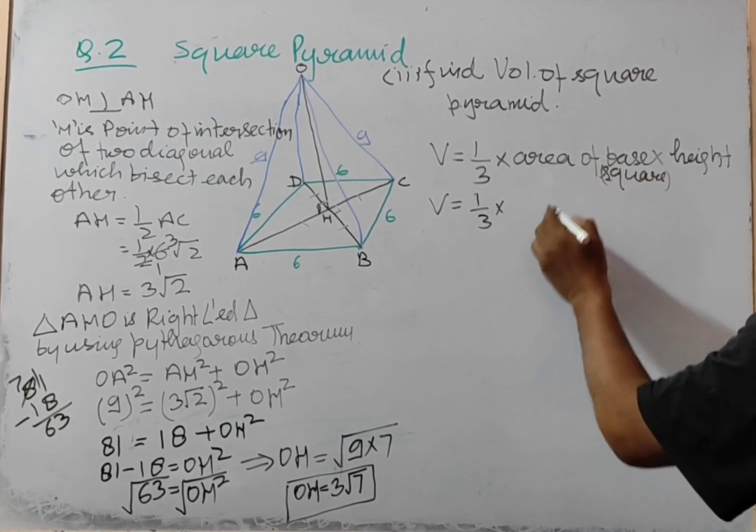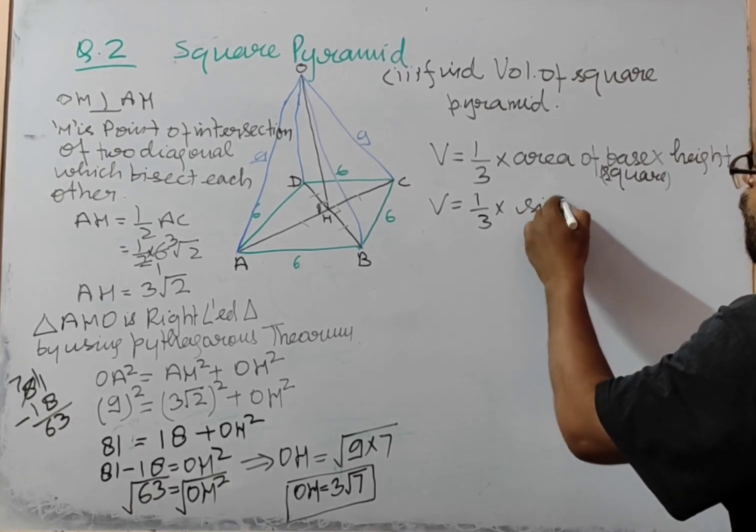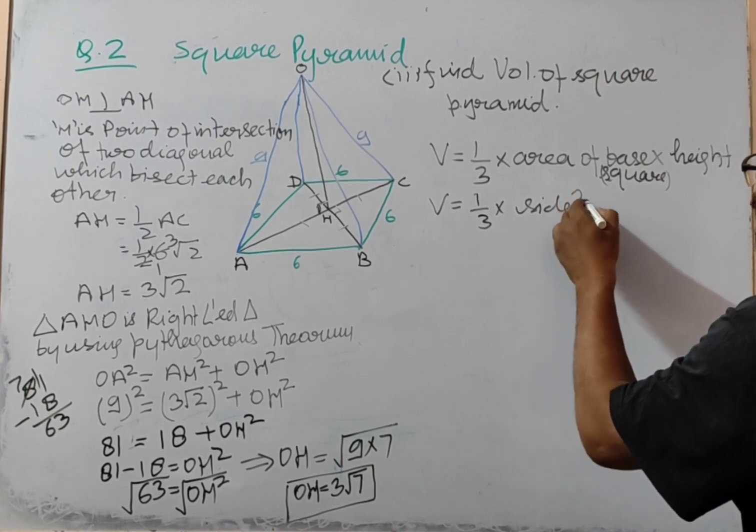So area of square is side square, right?